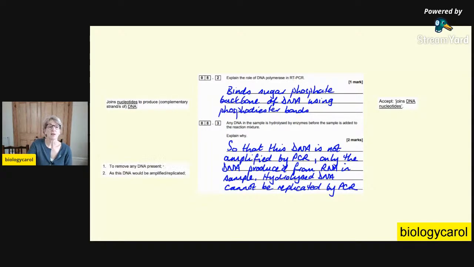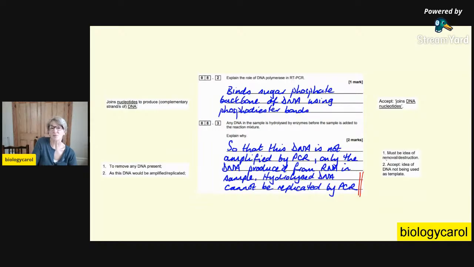Here's the mark scheme: to remove any DNA present. Now, I'm not sure that what I've written here is enough for mark point 1. I didn't give myself the mark. This was a classic case of, in my view, I've nearly said exactly what the mark scheme required, but not quite.